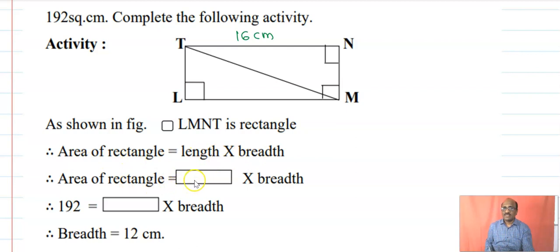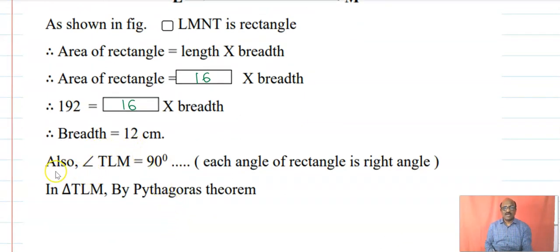Its length is 16, so we have to substitute 16 here, there is no other option. Therefore 192 upon 16 is equal to breadth, and therefore the breadth is equal to 12 centimeters.